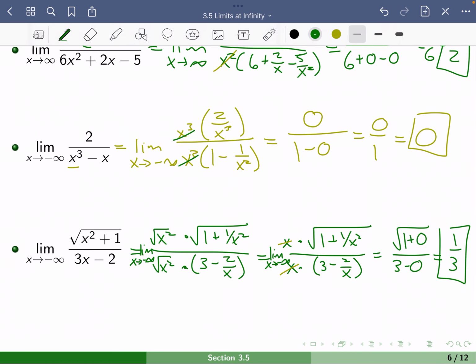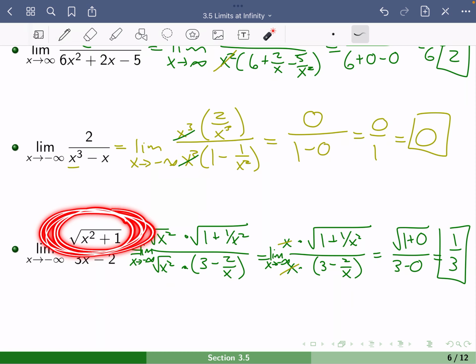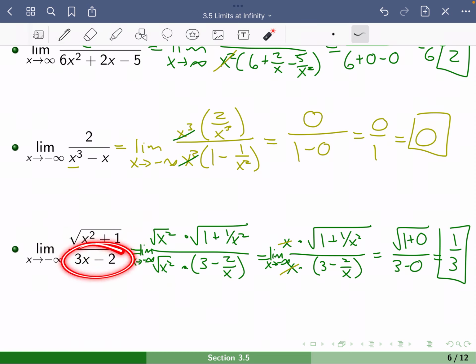And that is almost correct, except it's not correct. What? I thought we did everything fine. So what is wrong with this? Well, the problem is when we factored out the square root of x squared and just wrote it as x itself, that x value is heading towards negative infinity. Up here that top term is always going to be positive, but down here, as x gets really close to negative infinity, that bottom term is going to be negative.